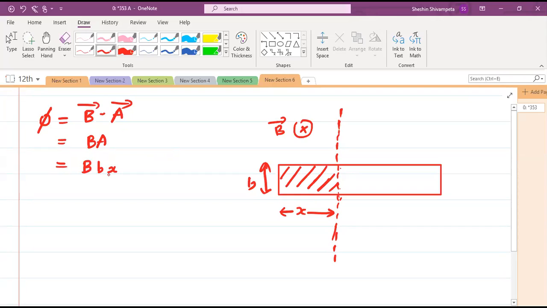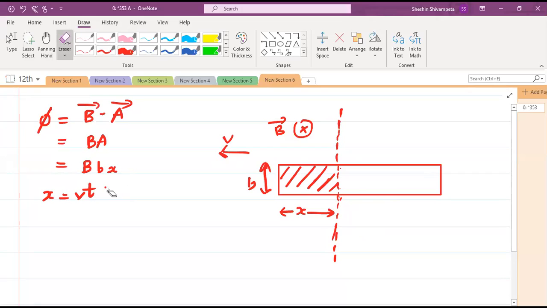अब इसमें can I say that x is equal to vt? I think velocity is constant here. So is x equal to vt? The rectangular coil is moving towards left with velocity v, a constant velocity v.